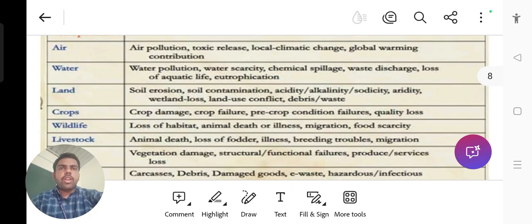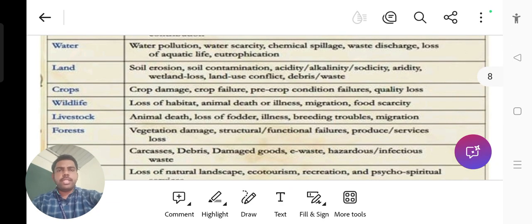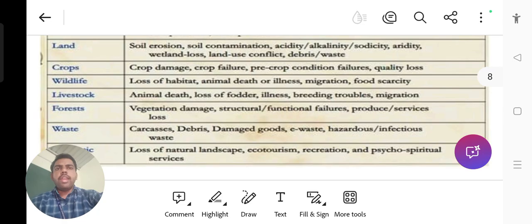Crop damage depends upon the humidity and the temperature; crops get damaged, leading to crop failures, pre-crop condition failures and quality loss. Wildlife means loss of habitats, animal death, illness, migration and food scarcity. These are all impacts only. Livestock face animal death, loss of fodder, illness, breeding troubles and migration.